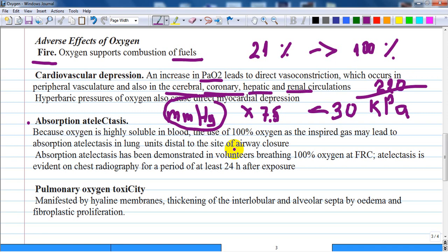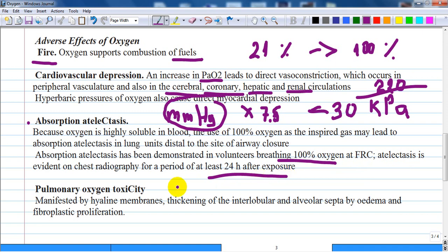Absorption atelectasis has been demonstrated in volunteers breathing 100% oxygen at functional residual capacity. Atelectasis is evident on chest radiography for a period of at least 24 hours after exposure.